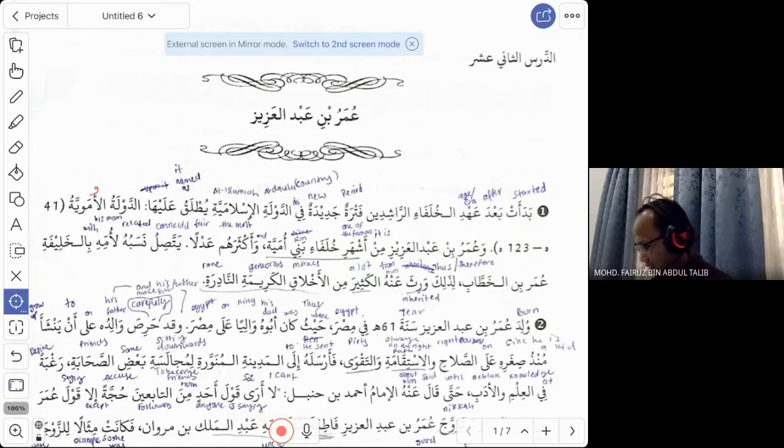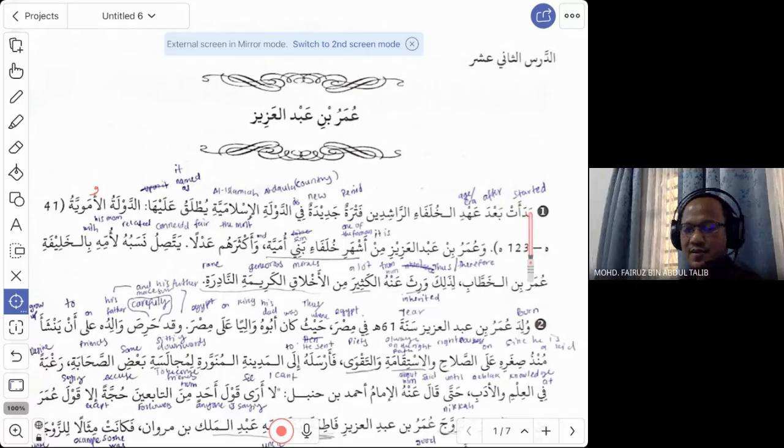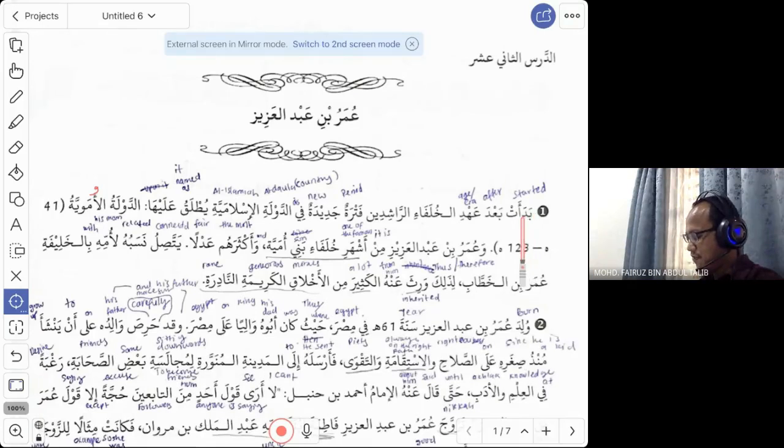What does it mean here? That is why we need to understand where is the fi'il and where is the fa'il. In this sentence, we have a fi'il here, but the fa'il is not immediately after the fi'il. So that is why you have difficulties understanding this sentence.